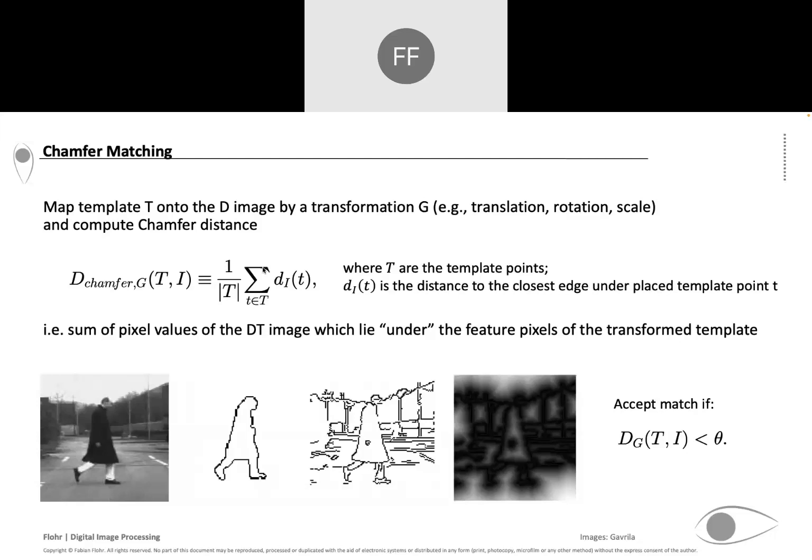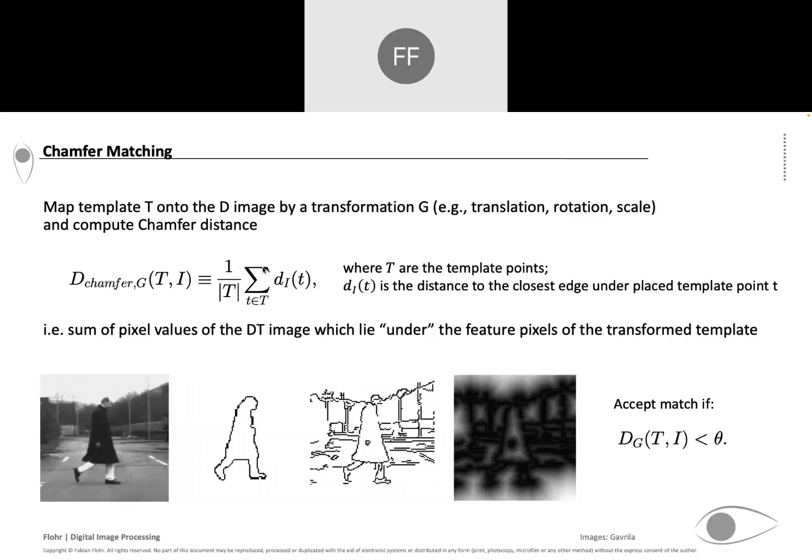It's called the chamfer distance matching, and it uses a so-called chamfer template, a binary template like that here of a pedestrian, and it tries to find this pedestrian shape in the actual image, in the distance transform, right?